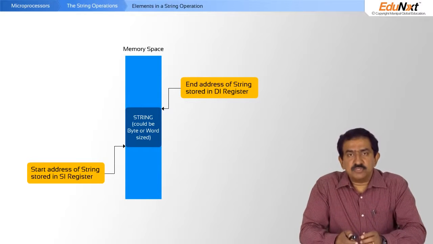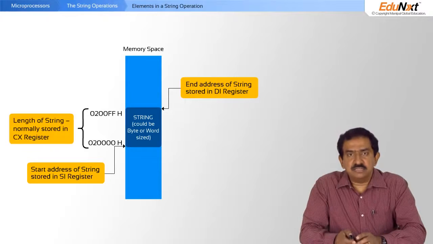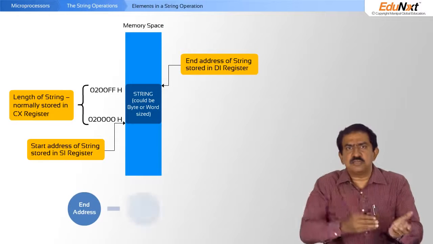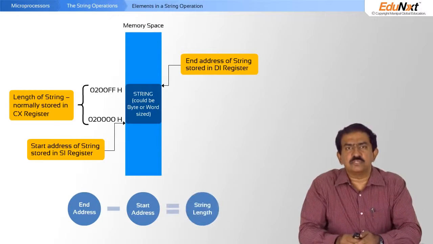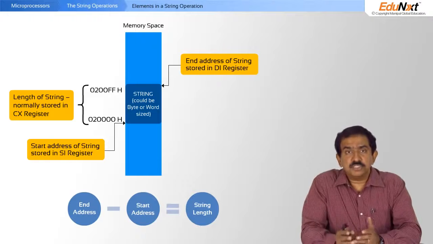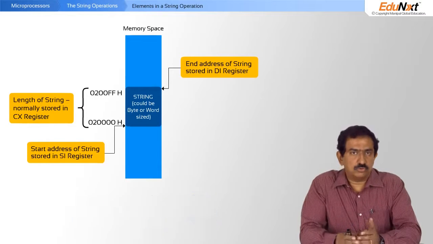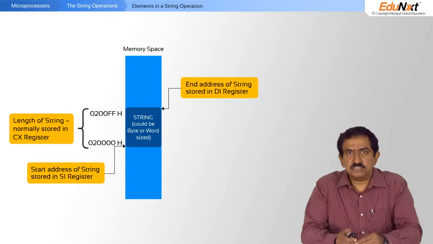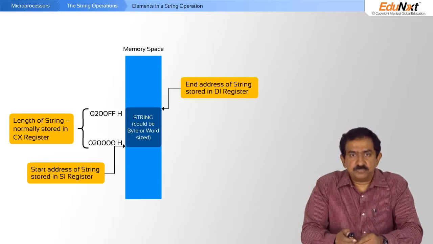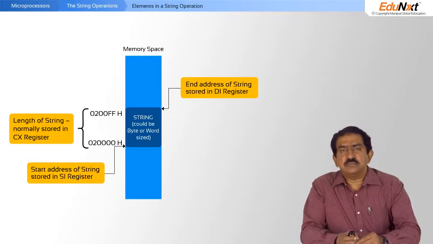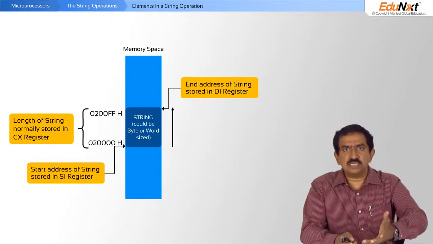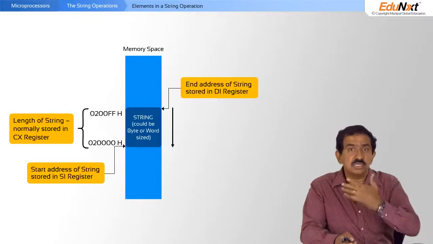But on top of this, you also need to define the length of the string. And you're going to ask me, hey, but just end address minus start address should give you the length of the string. Now that is an operation that is an overhead on the processor. So to make things easier, you also provide the length of the string. In addition to this, in a string you can count either upwards from the start address of the string or downwards from the end address.